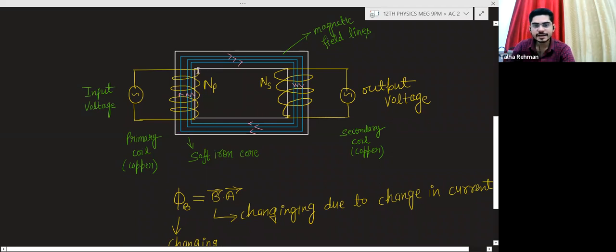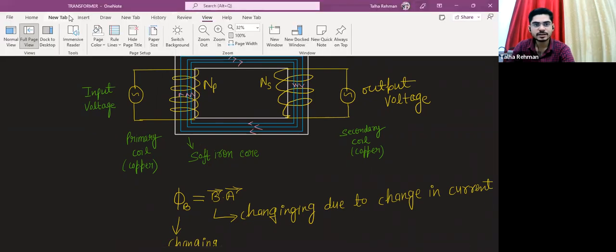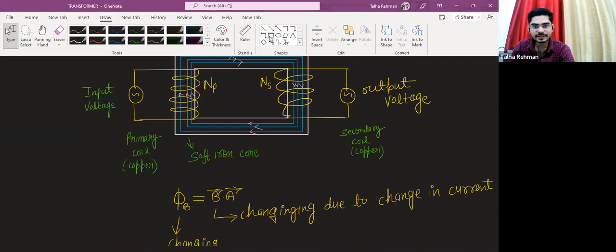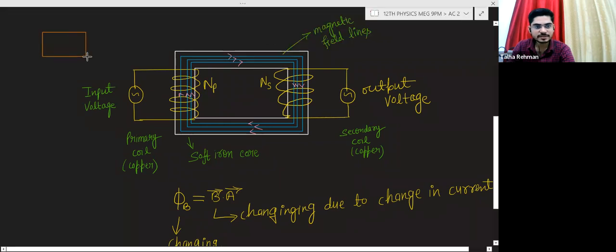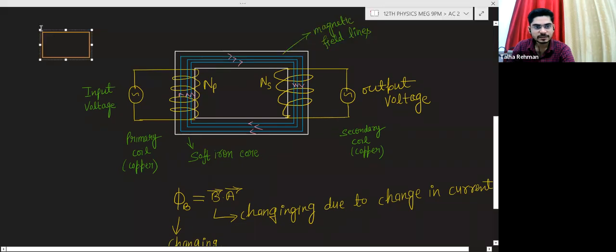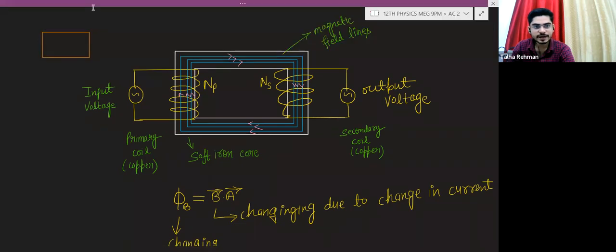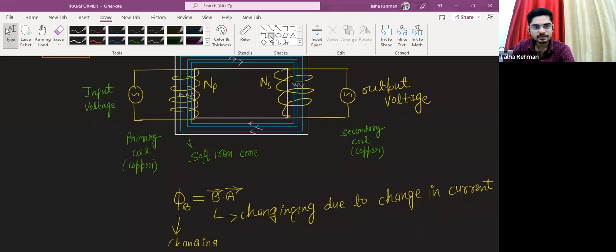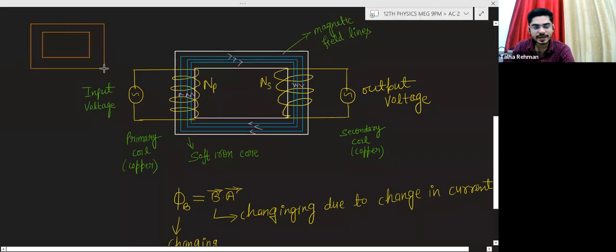One is this, and here is another rectangular white part. You can imagine it like this: one part is this, and another part is this.